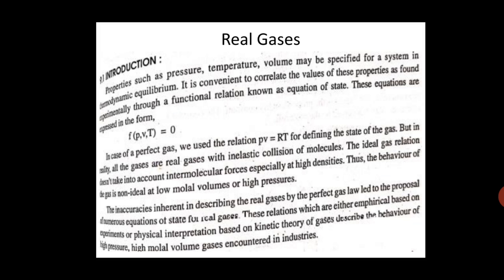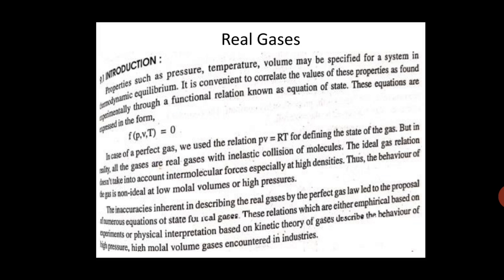Like PV equals nRT, this is for ideal gas, but for real gas they have come out with various equations, and these equations of state are based either on experiments they have conducted, or on some empirical results they have got. Hence, we will see those various equations of state for real gases given by various people.